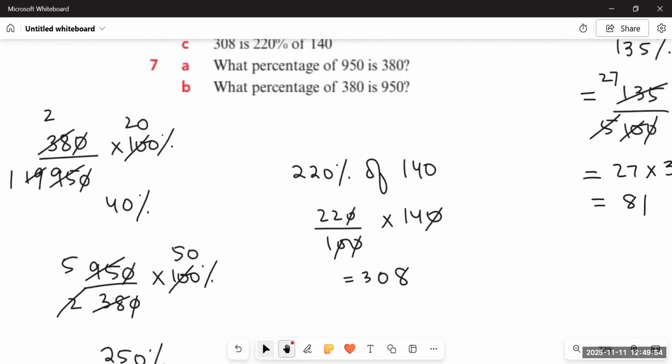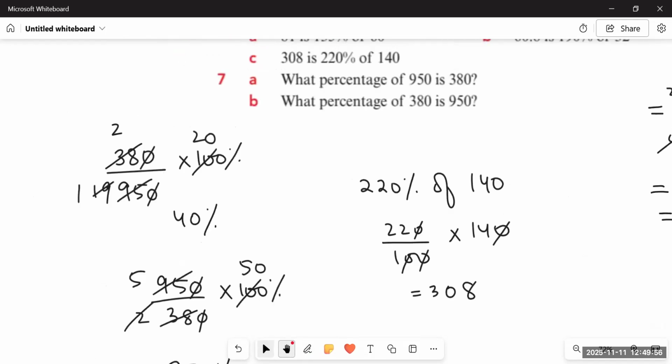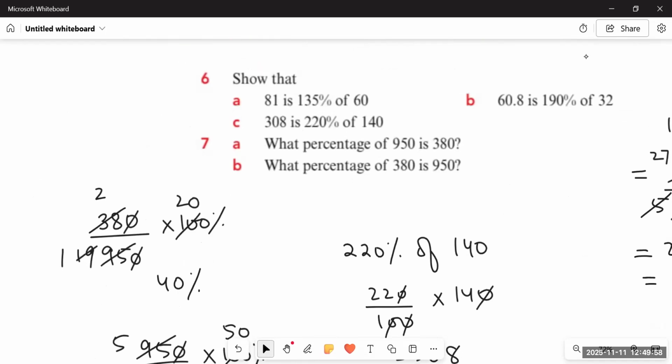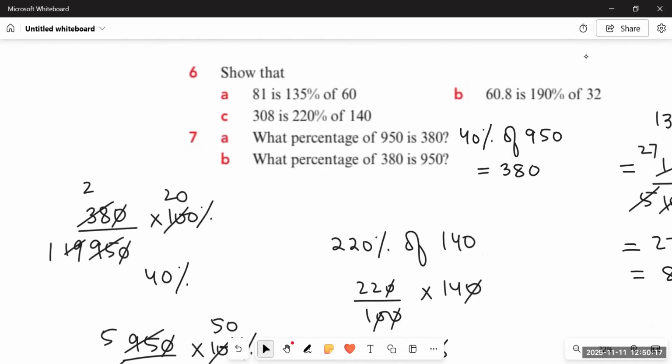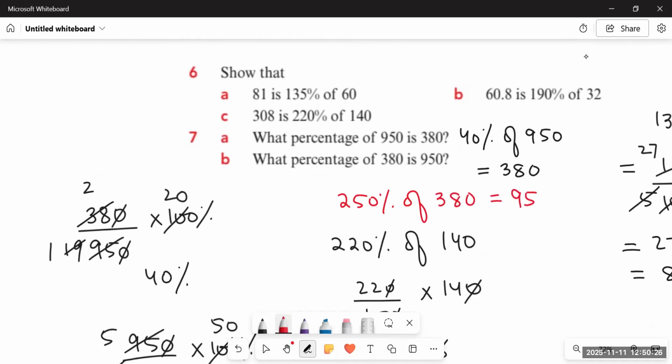So we can say that 40% of 950 is equal to 380, and for part B, we can say that 250% of 380 is equal to 950.